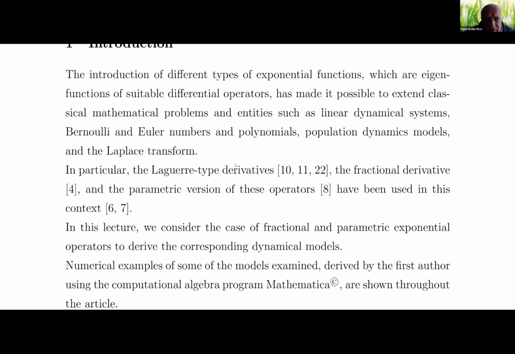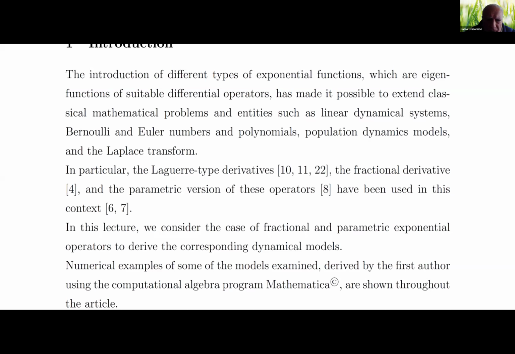Introduction of different types of exponential functions with aggregate functions of suitable different operators has made it possible to extend the classical mathematical problems and identities, such as the linear dynamical system, the Bernoulli and Euler numbers, polynomial population dynamics models, and the Laplace transform. In particular, the Laguerre-type derivative we have shown before, the fractional derivative, and the parametric version of these operators have been used in this context.